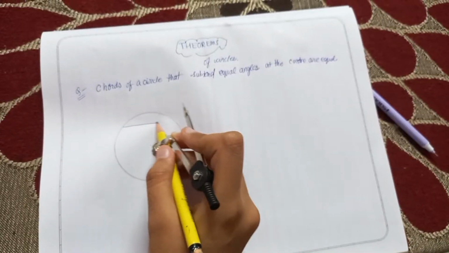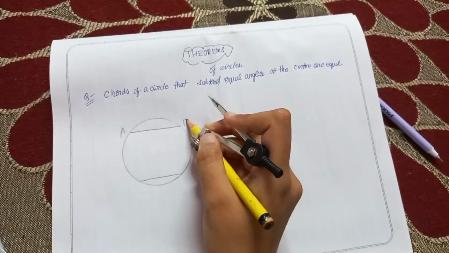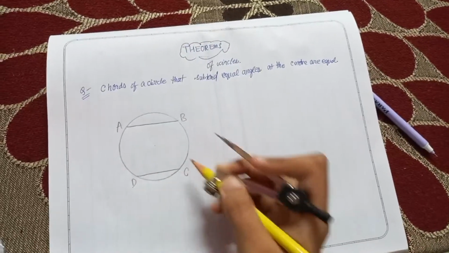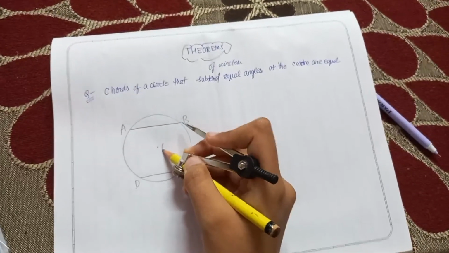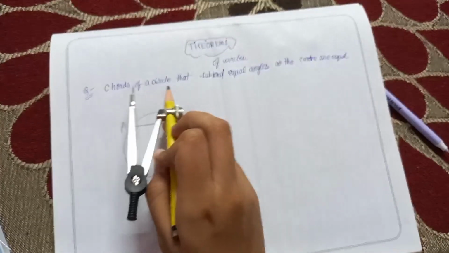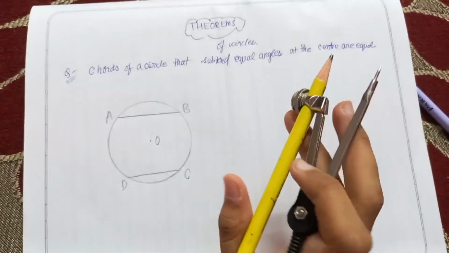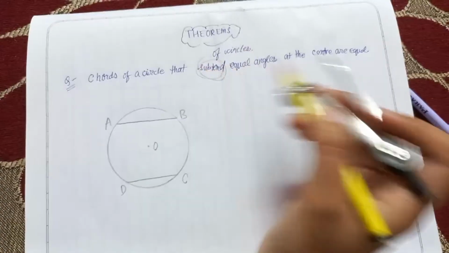We need to take two chords, chord AB and chord DC. Always the center is O. What does the word subtend mean?